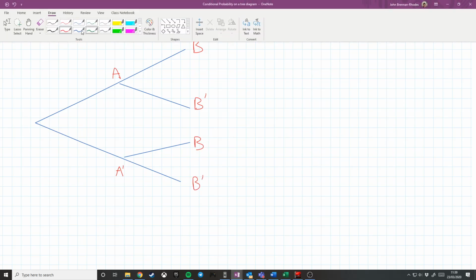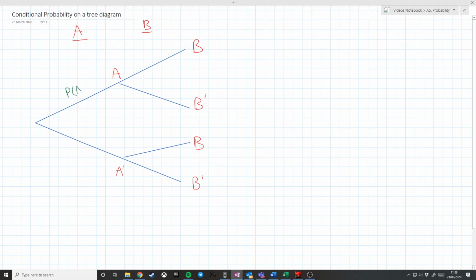And actually, you've already seen these conditional probabilities on here, because the probability here is the probability of A, and the probability here is the probability of not A. This probability is that B happens given A happened, so this is the probability of B given A. And this is the probability of not B given A. Here is the probability of B given not A. And here is the probability of not B given not A. So you have already been doing conditional probabilities whenever you've done tree diagrams.